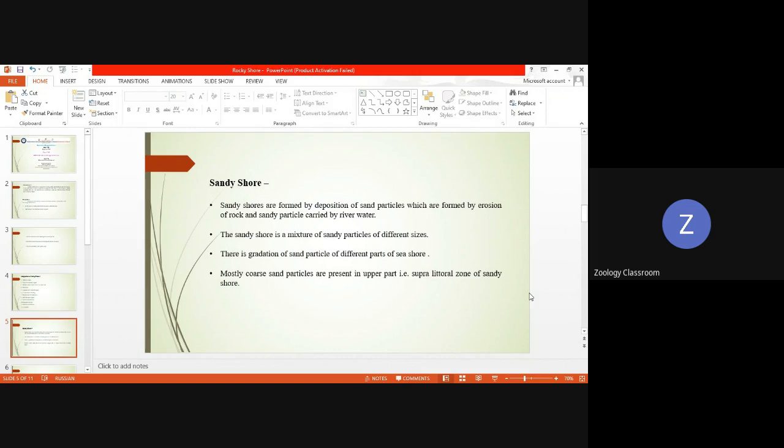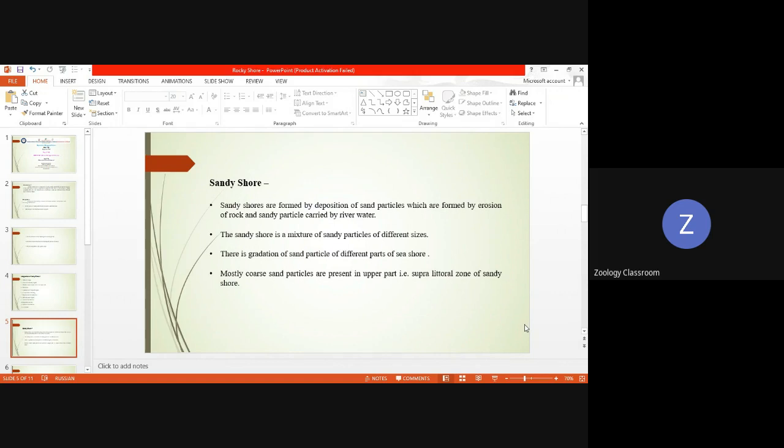Most of the coastal lines are dominated by this sandy shore. The texture of the sand may differ from place to place. Now, the sandy shore is a mixture of sand particles of different sizes. There is a gradation of sand particles in the different parts of the shore.